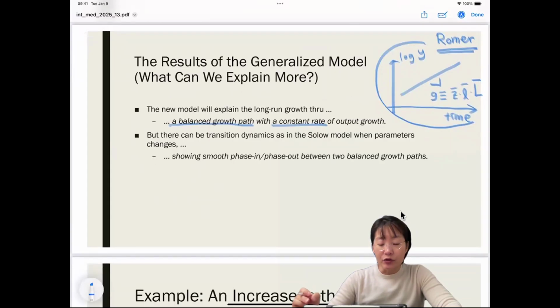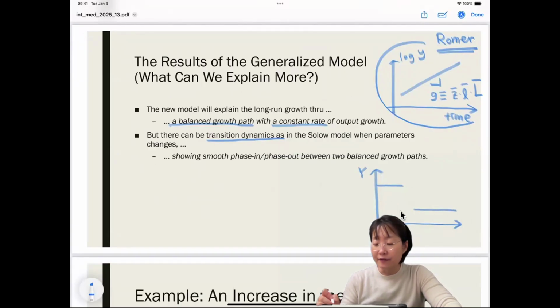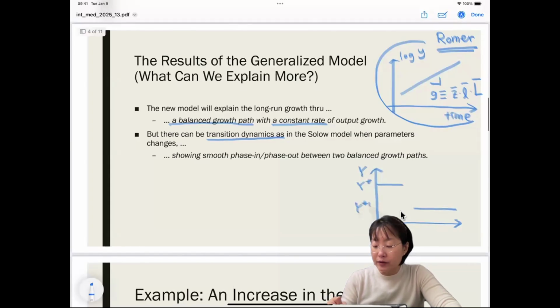A new, interesting thing of this new model is that there will be transition dynamics. If you remember the Solow model, we talked about steady state output, and if steady state output changes, like from Y star to Y double star, then it shows some transition dynamics between these two levels.